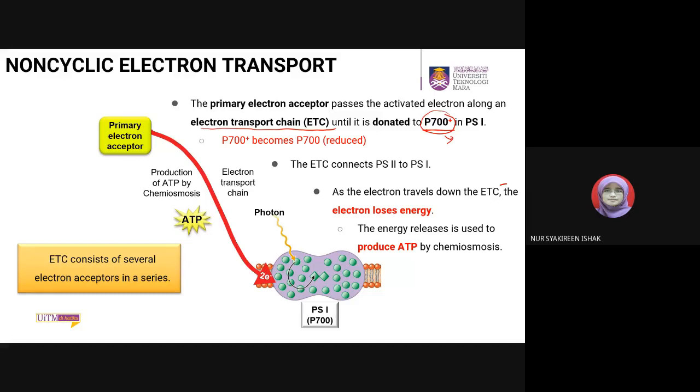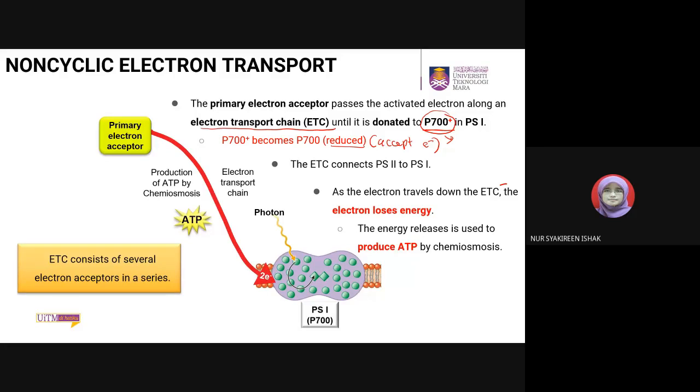So the electron has to be replaced by receiving an electron that originates from photosystem 2. So P700 plus becomes P700, which is reduced. Reduced maksudnya dia apa? Terima elektron. Okay, it accepts the electron that was coming from photosystem 2.